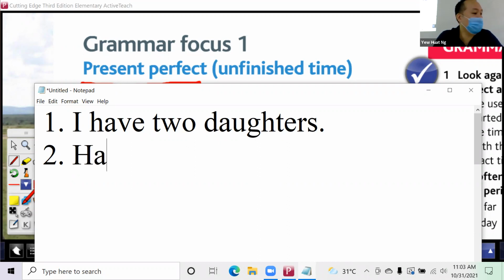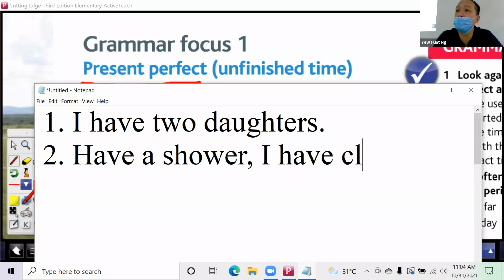Number two, I can say have a shower. Can I say I want to go to class today? Different. The have to and have is different. Have to means must. Have to means 必须. Have is have. So I can say I have class. Have breakfast.